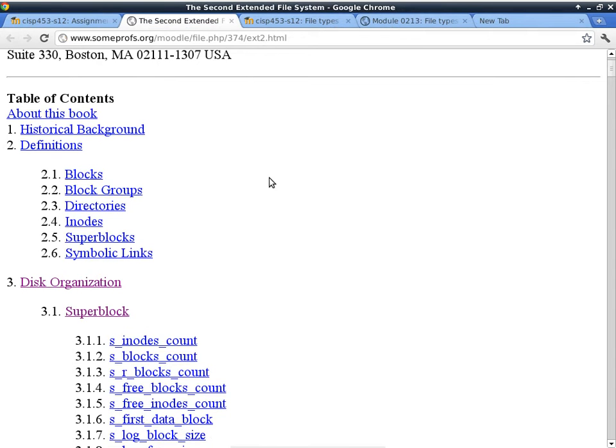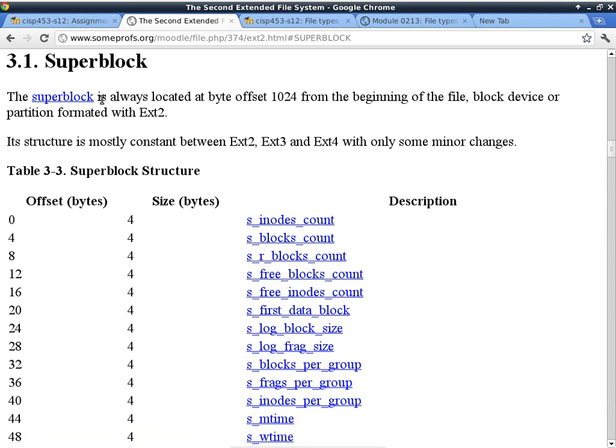All right. So we're still kind of talking about the superblock. The superblock is the very first thing you have to do because that's the only thing you can find when you are talking about an extension to file system. So let's go back and go to the superblock.